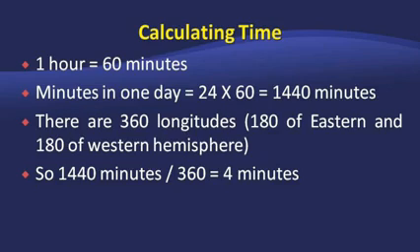There are 24 multiplied by 60 minutes in a day, that is 1440 minutes. Further, there are 360 longitudes. We have studied that there are 180 longitudes in the eastern and 180 longitudes in the western hemisphere. So, if we divide 1440 minutes by these 360 longitudes, what do we get? We get 4 minutes.